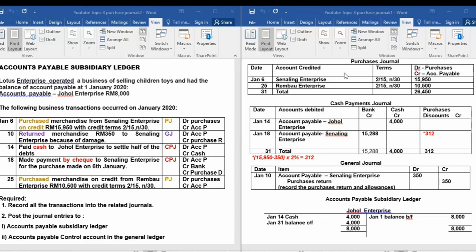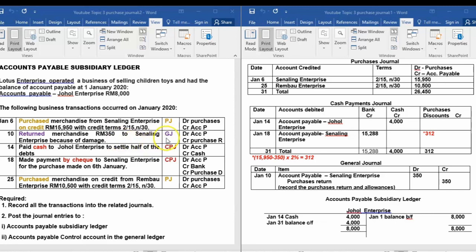This is the format of the purchase journal. So we record at 6th of January, Senali Enterprise, 15,950.